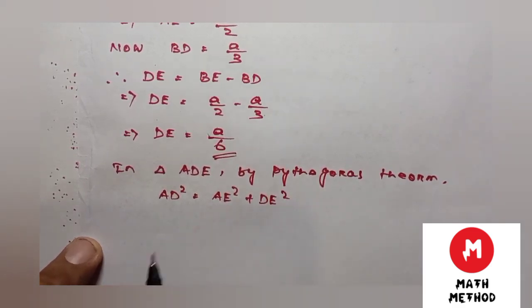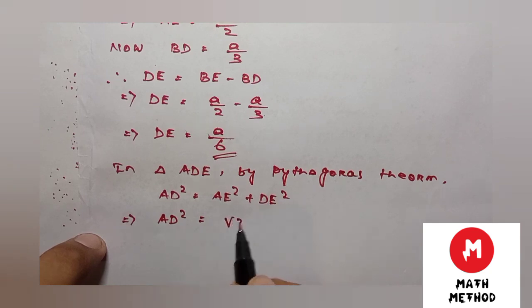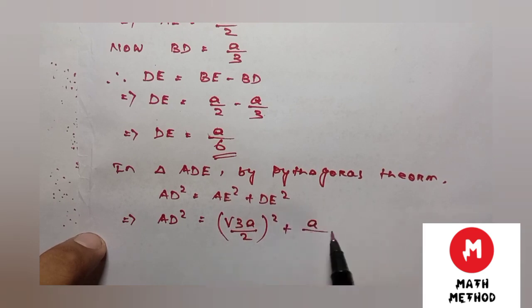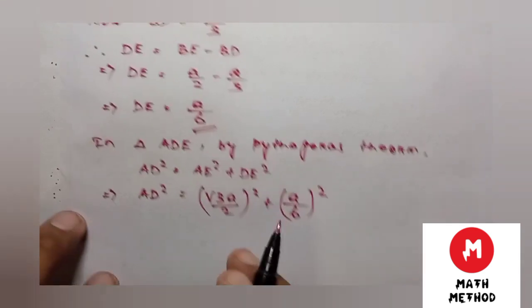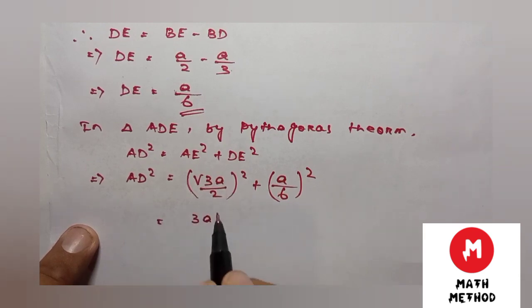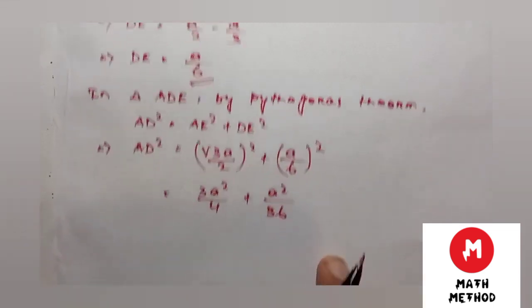AE square plus DE square implies AD square equals our root 3a by 2 whole square plus DE, which equals our a by 6 whole square, which equals root 3 whole square is 3, a square upon 4 plus this is our a square upon 36.